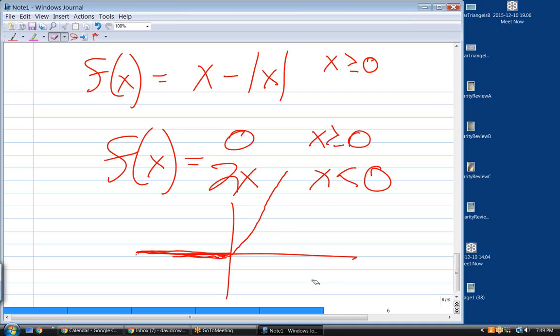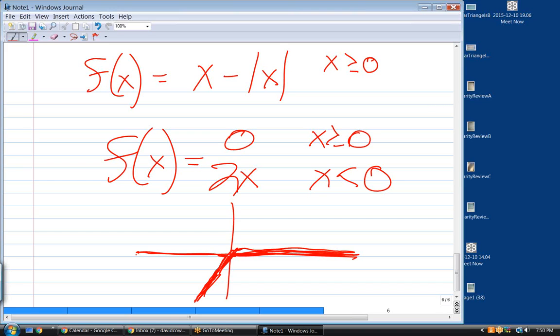Oh, hold it. I did that wrong. I graphed it backwards, upside down. It's 0 on the right side, and it's positive 2x on the left. So that's the graph. So wait, as x becomes smaller, f of x decreases?